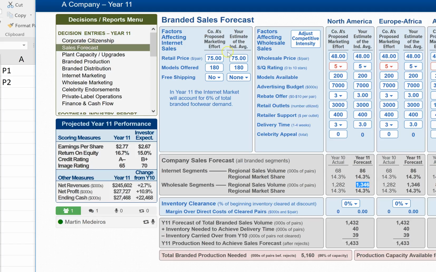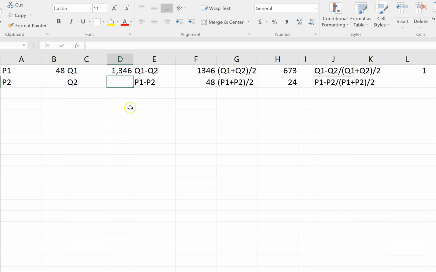Now, let's change this to 58. That's our P2, and our Q2 is 815. And you could see that our value for price elasticity is minus 2.6, or dropping the minus sign, 2.6.